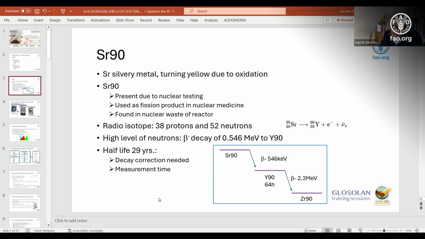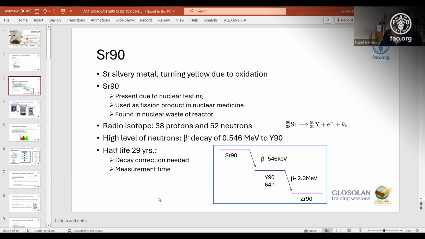It's in fact a radioisotope with 38 protons and 52 neutrons. So if you still remember from the course on radioactivity, this is in fact an isotope with an excess of neutrons, and therefore it's an easy beta emitter.